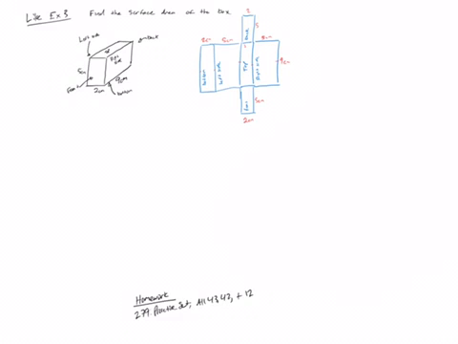Okay? So notice, if you look at this box right up here, this box down here, they're the same size. If you look at this box and this box, they're the same size. And you look at this box and this box, they're the same size.